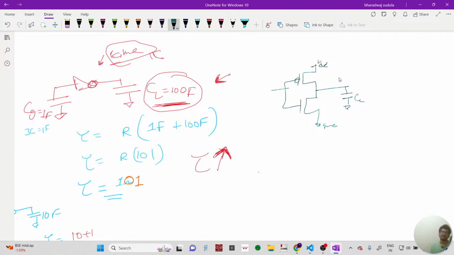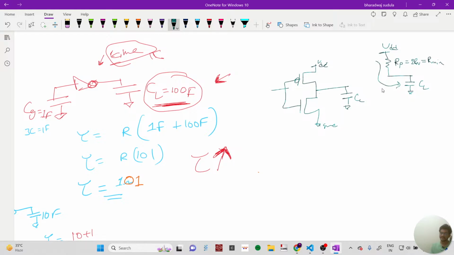Say it is charging up. There is some RP resistance, which is 2 times RN, equal to Rmin. The load cap is charging up from VDD.